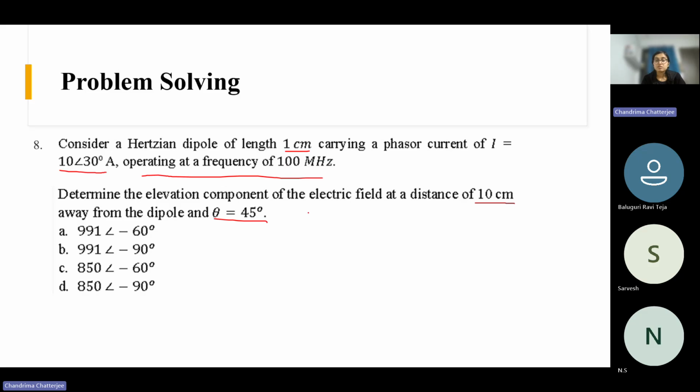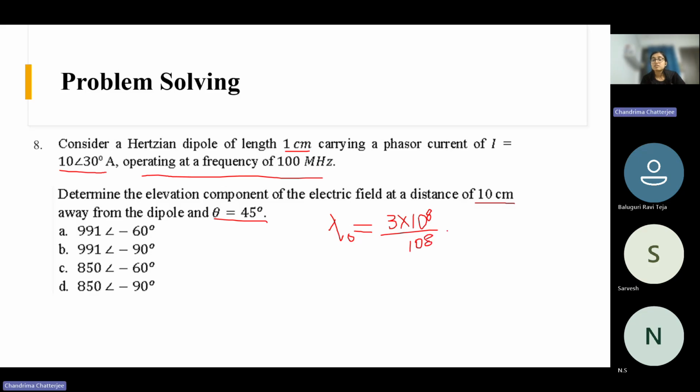Okay. So let's see here. First, we will calculate the lambda. Lambda naught basically. So that is we know c by f. So c by f here is 3 into 10 power 8, and 100 megahertz means it is 10 power 8.